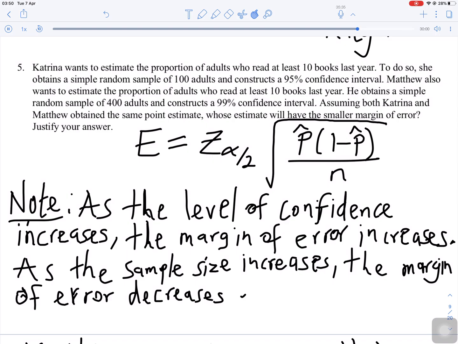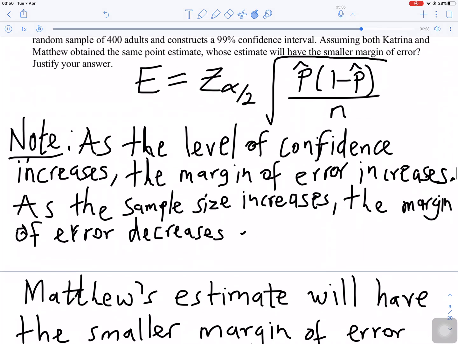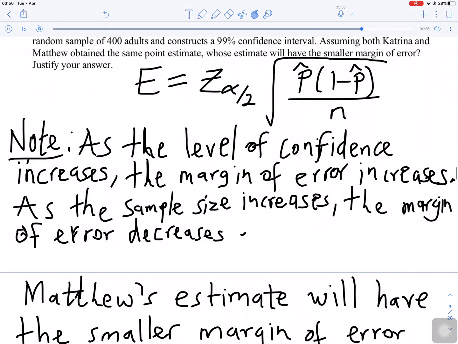Remember some facts that come out of the confidence interval for population proportion. One fact says that as the level of confidence increases, the margin of error also increases. And also, as the size of the random sample increases, the margin of error decreases.